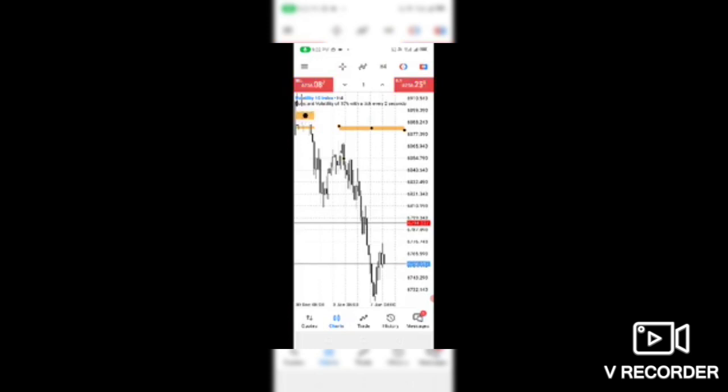So here, this is a resistance zone, because price comes there and goes down, comes there and goes down. So since this is a strong resistance, we can enter for a sell here. In a downtrend, in a downward path, you look for sells. So we are going to sell.